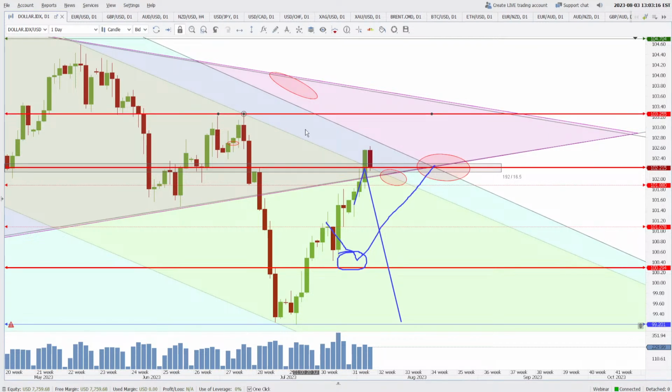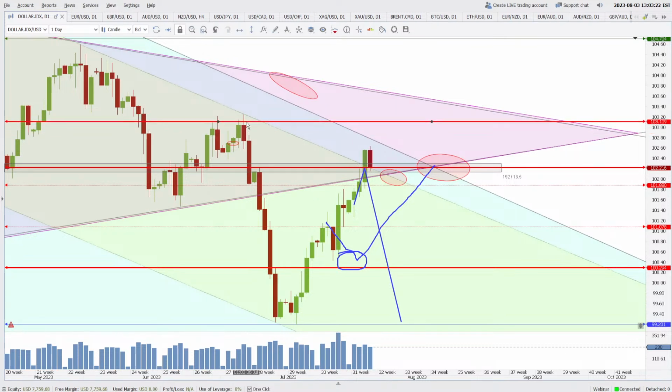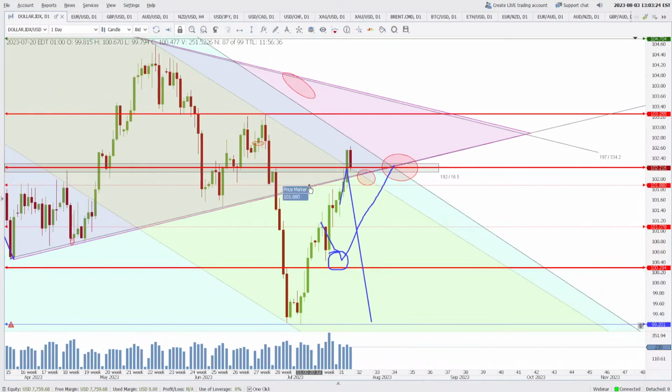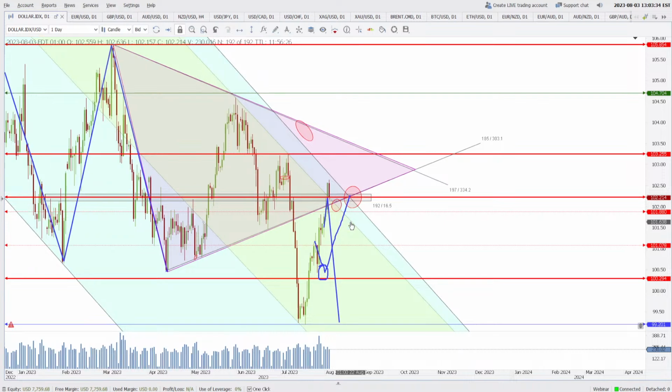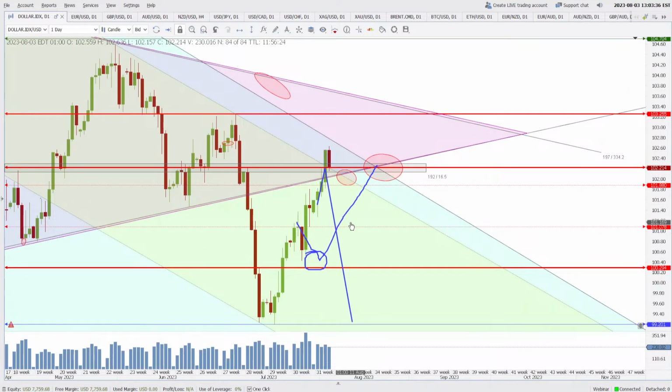Anything lower than 103.25 will be seen as the resistance only. Because this was the swing high and now we were looking for another lower swing high that has, I think, formed, but this is just my thinking.